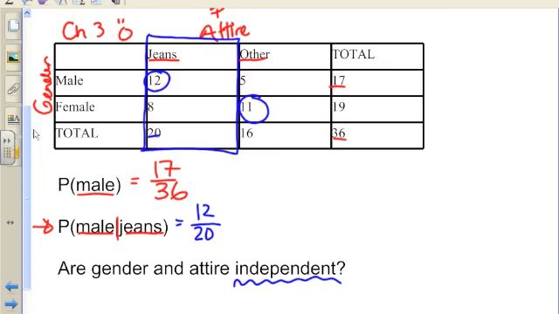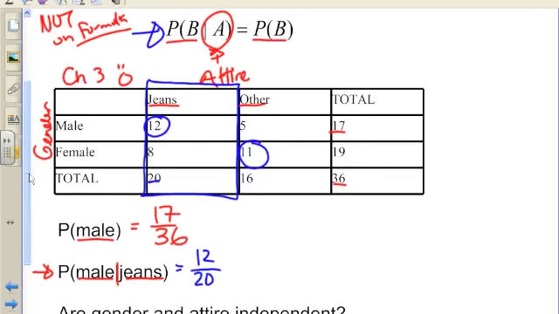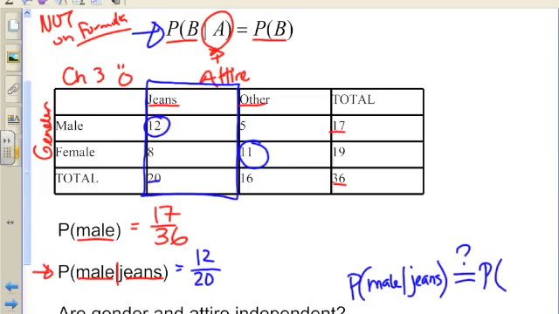Now, the way I test for independence formally is I use this rule. I ask myself, does the probability of some B given A, well, maybe that's male given jeans, equal the probability of, first thing, this one that goes here, that would be the probability of male.